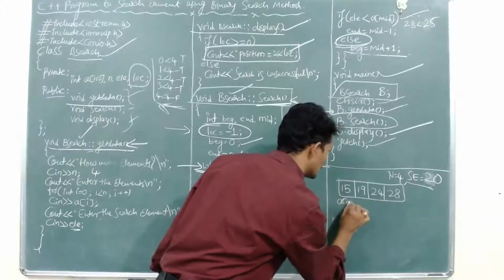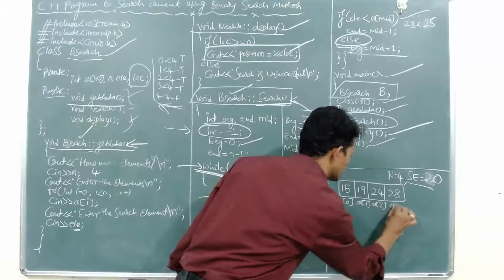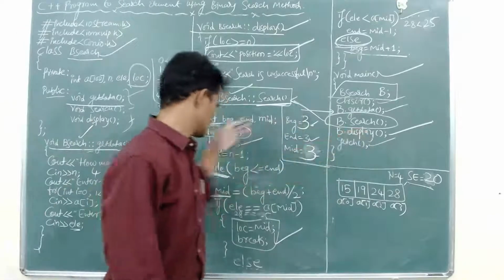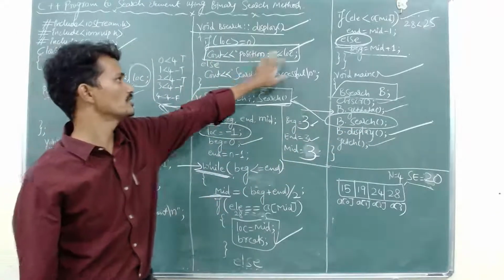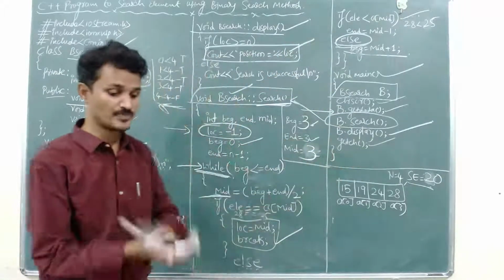This is a of 0, a of 1, a of 2, and a of 3. After printing an appropriate message, search is successful, position, location we will print. Then we'll execute get. At the end, close flower bracket.